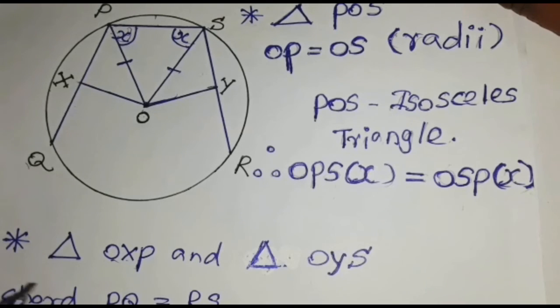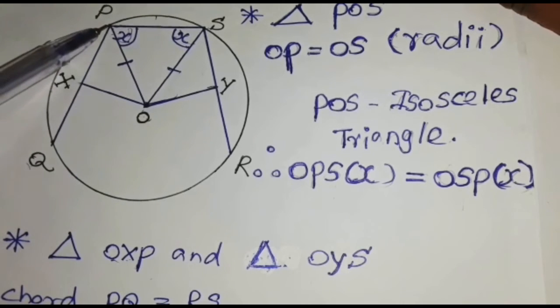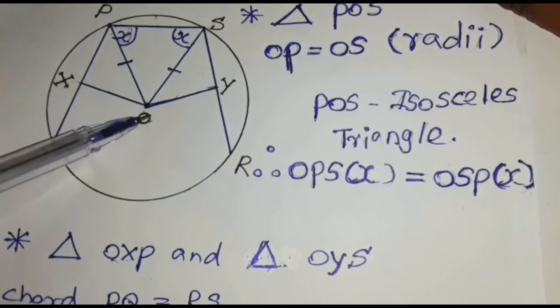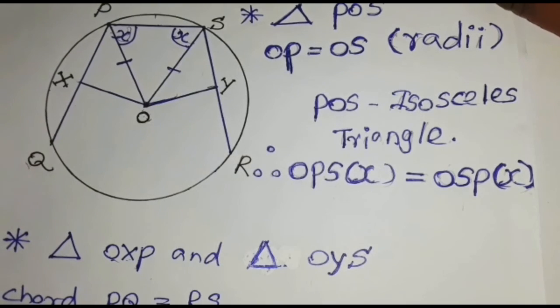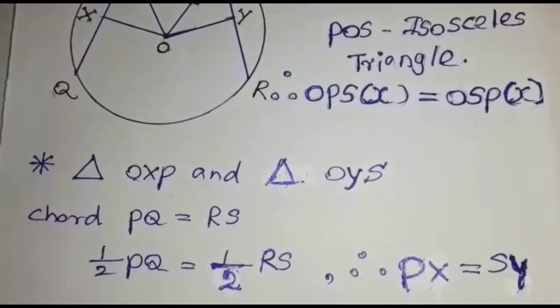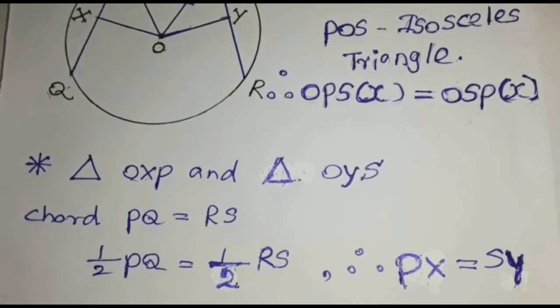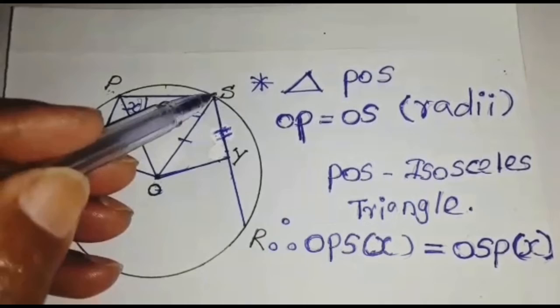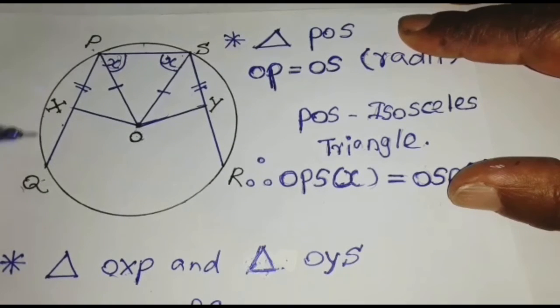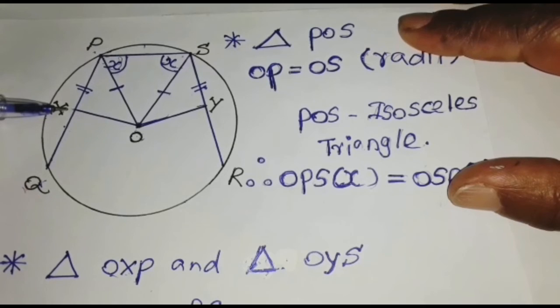Now let's consider triangle OXP and triangle OYS. Chord PQ equals RS. RS is also a chord. So half PQ equals half RS. Hence PX equals SY. In this figure, PQ is a chord, X is the midpoint.